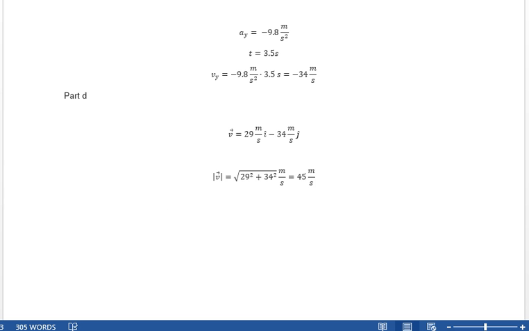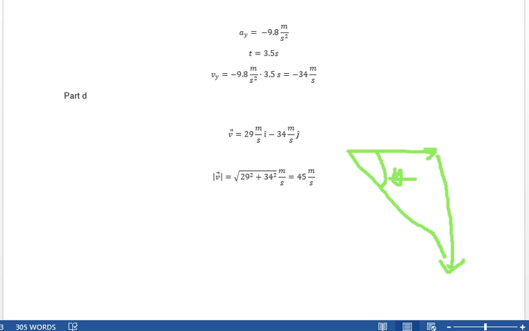And the angle, if you think about it, the angle is we're going 29. Oh, let me restart that. Let's see if I can draw a little bit better. 29 meters per second that way and 34 meters per second that way, right? So we're after this angle.